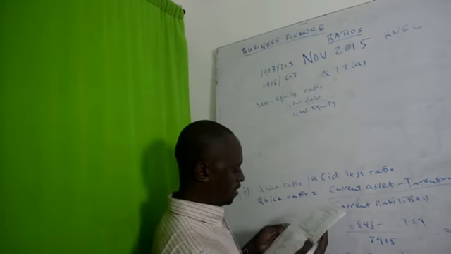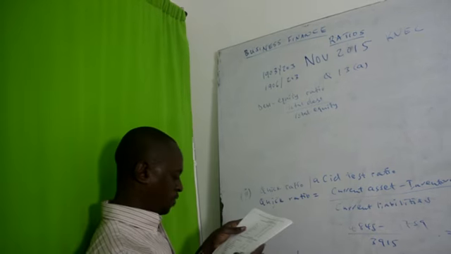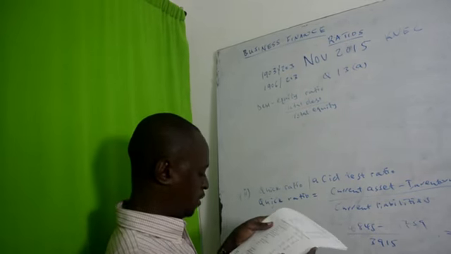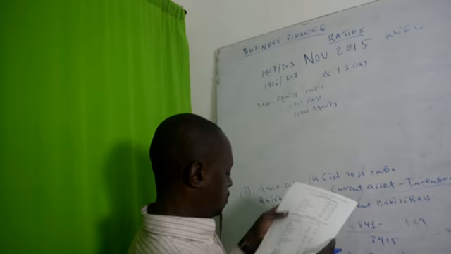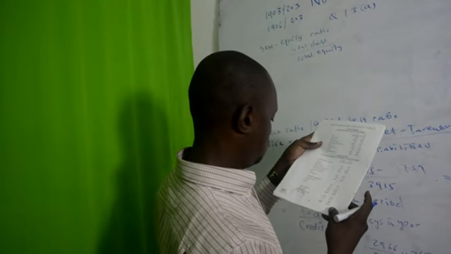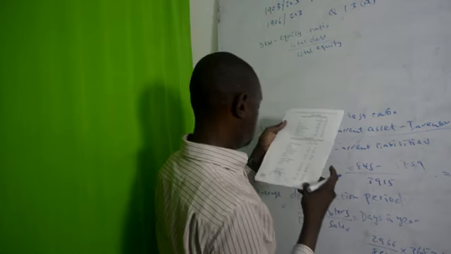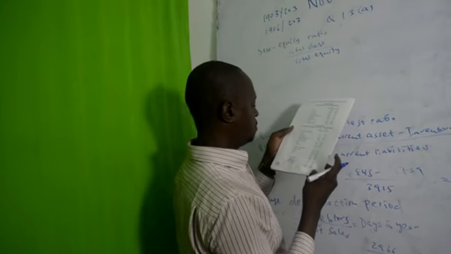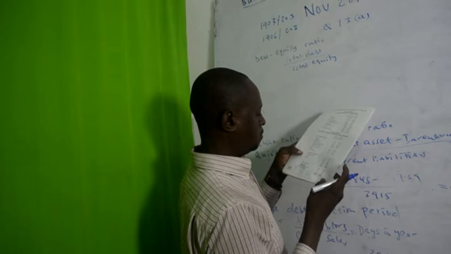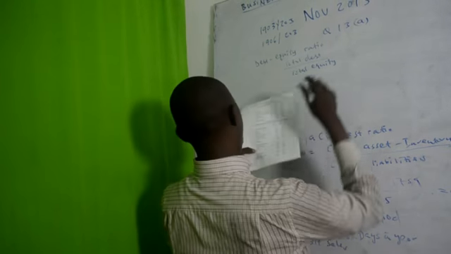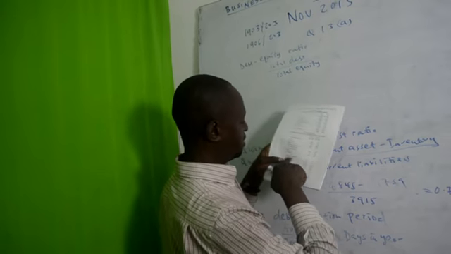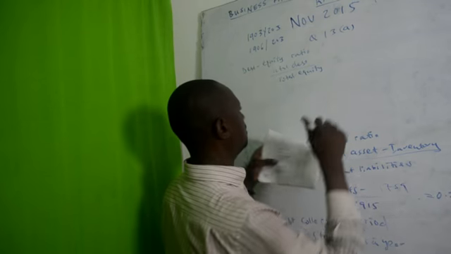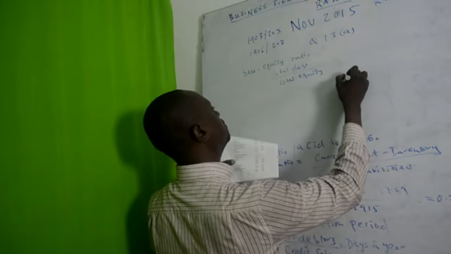So for the year 2013, we didn't have long-term loan. So we had a bank overdraft. There was a bank overdraft under current liability.